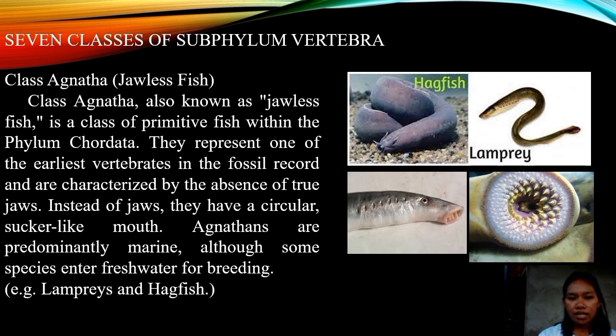While agnathans are primarily marine organisms, some species, such as lampreys and hagfish, venture into freshwater environments for breeding purposes. These unique classes of fish hold significant importance in understanding the evolutionary history of vertebrates.